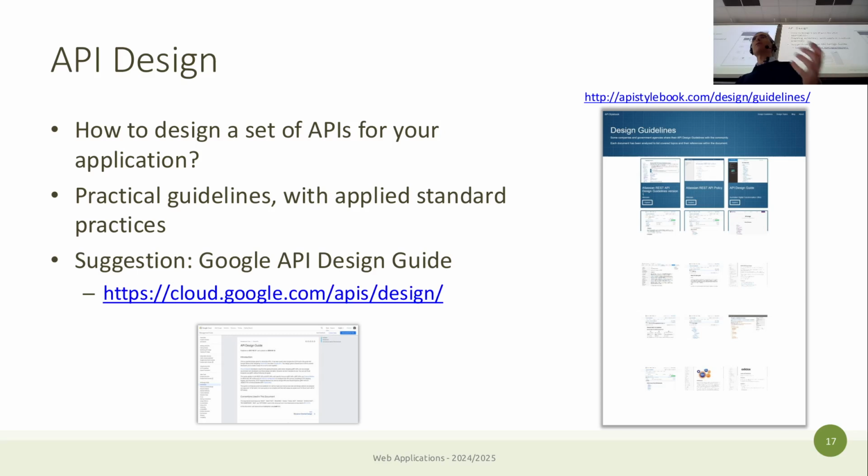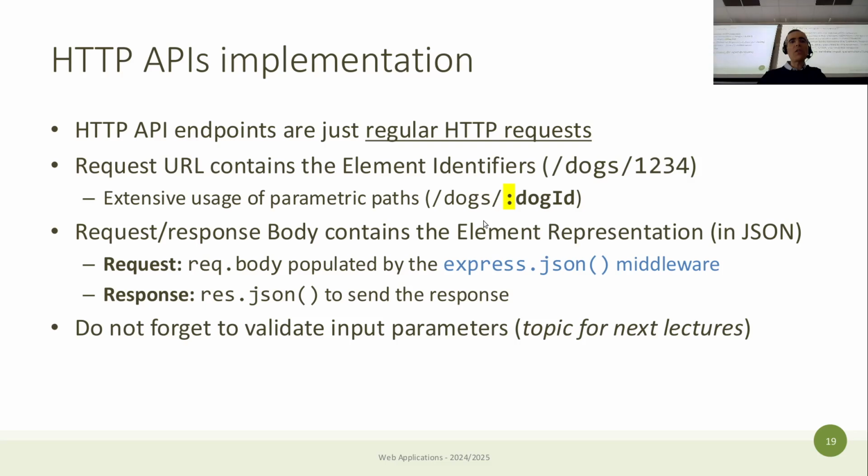We first decide how the server and client communicate, and then we build the rest. That should be the first thing on which we focus our attention, also for preparing the exam. Indeed, it's one of the first things in the list of the labs, so the next lab and the one after. Practical guidance, we already saw it.